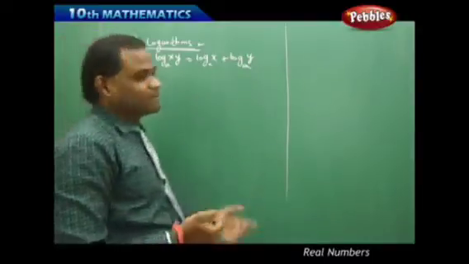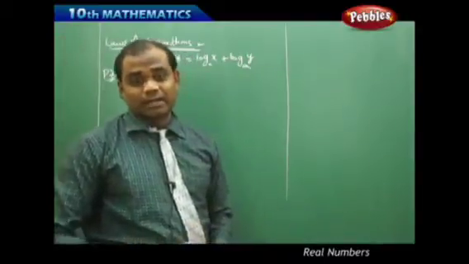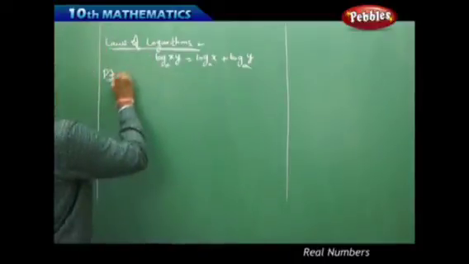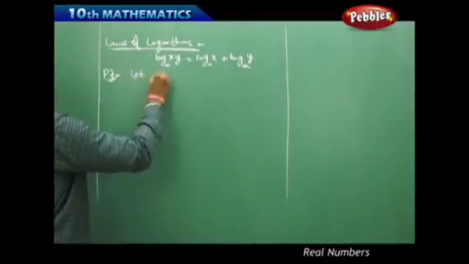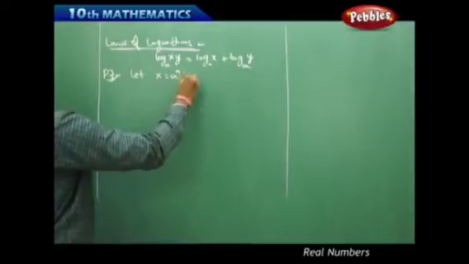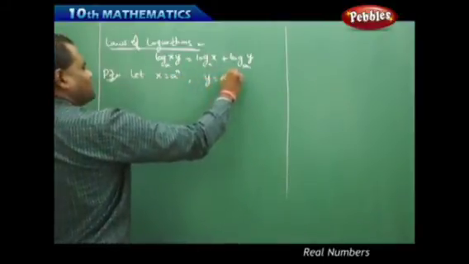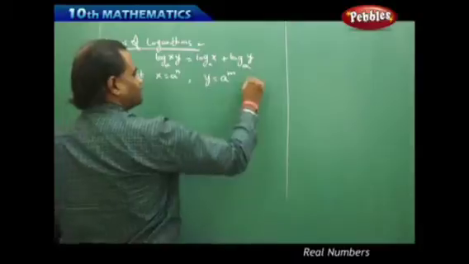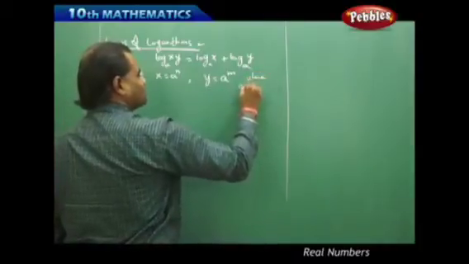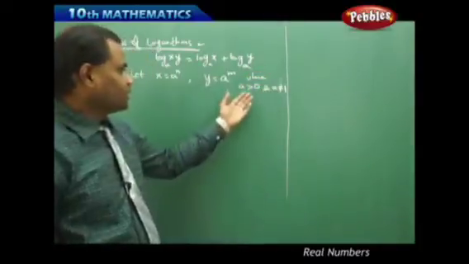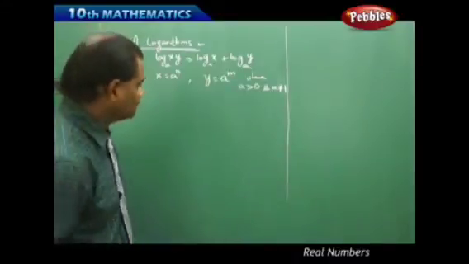Now, because x and y are given, let me take x and y in the exponential form. So let x equal to a power n and y equal to a power m, where a is greater than 0 and a not equal to 1.